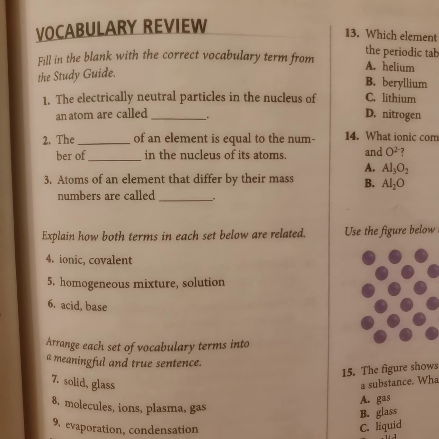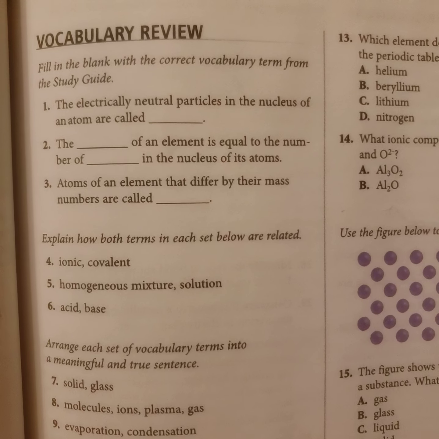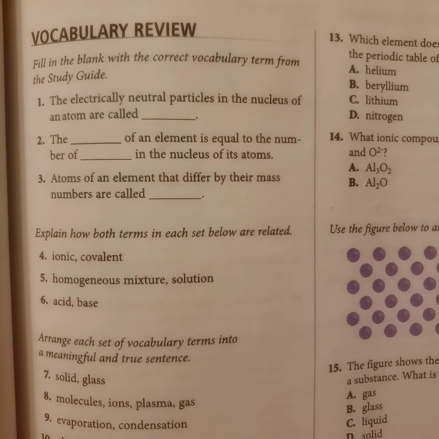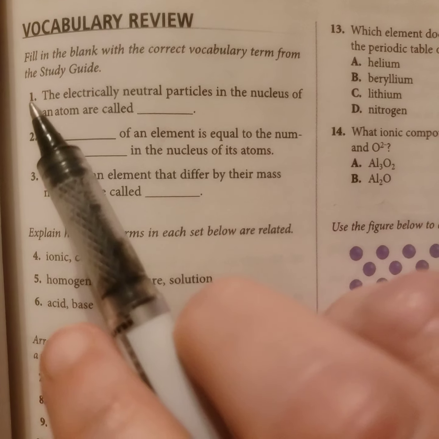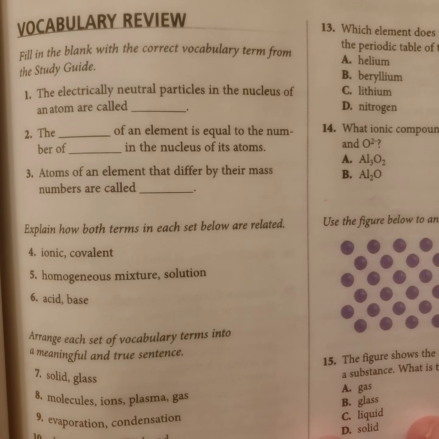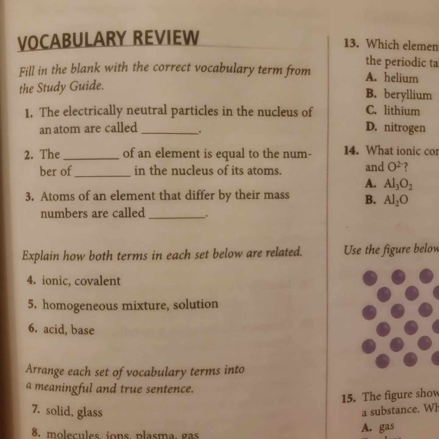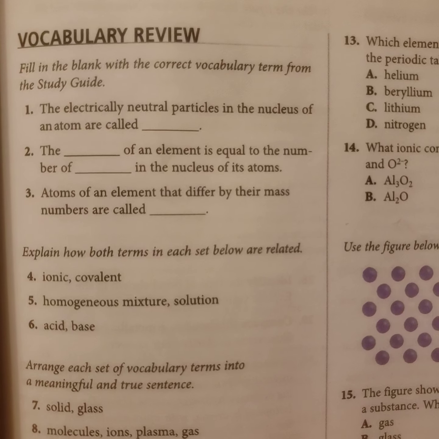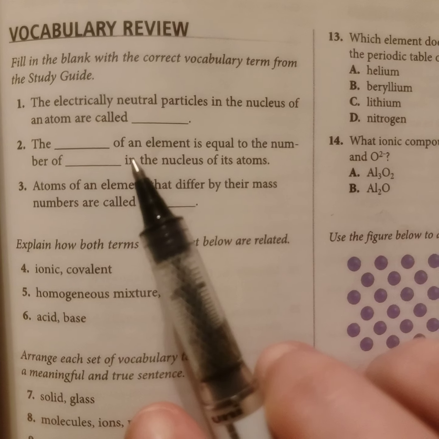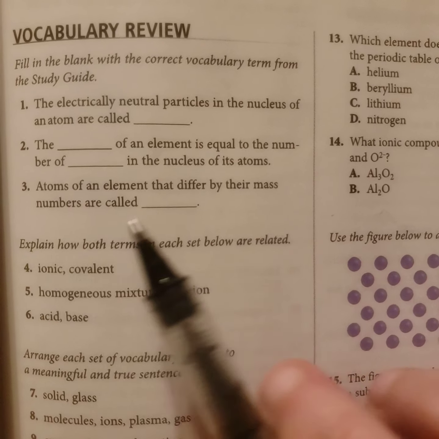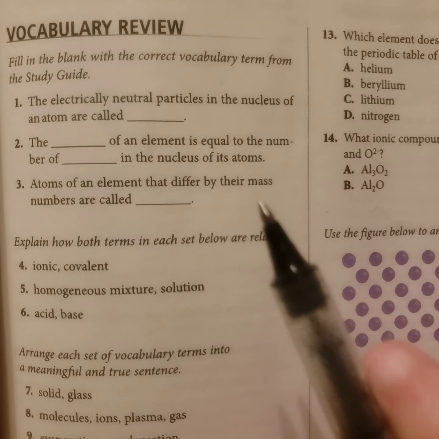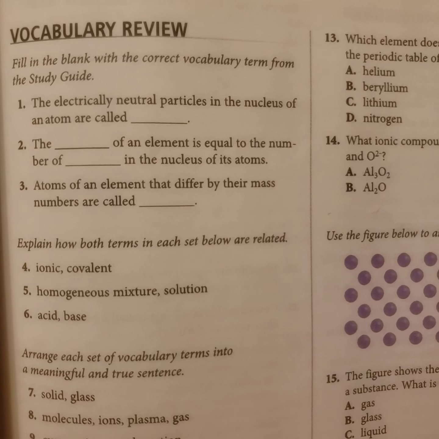All right. So let's look on page 79, and you can follow along with me and just pause if I'm going too fast. Number 1: The electrically neutral particles in the nucleus of an atom are called neutrons. Number 2: The blank of an element is equal to the number of blank in the nucleus of its atoms. Well, this one is referring to the periodic table.